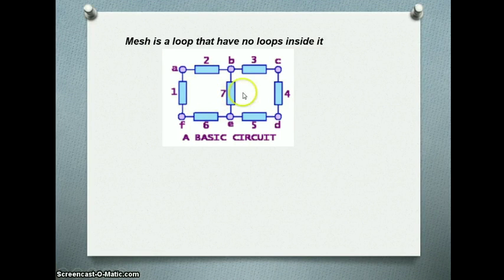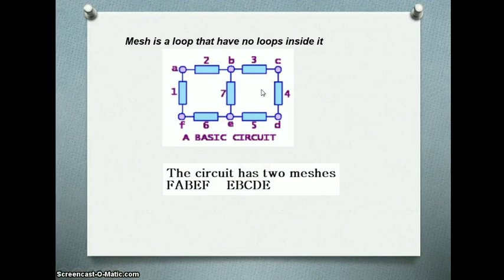So in this example, there are only 2 meshes, because the outside connection cannot be treated as a mesh because there are inside connections available. So how many meshes are there? There are only 2. Hope you understood the difference between loop and mesh. Examples will be given in the worksheet to identify the nodes, branches, meshes and loops.